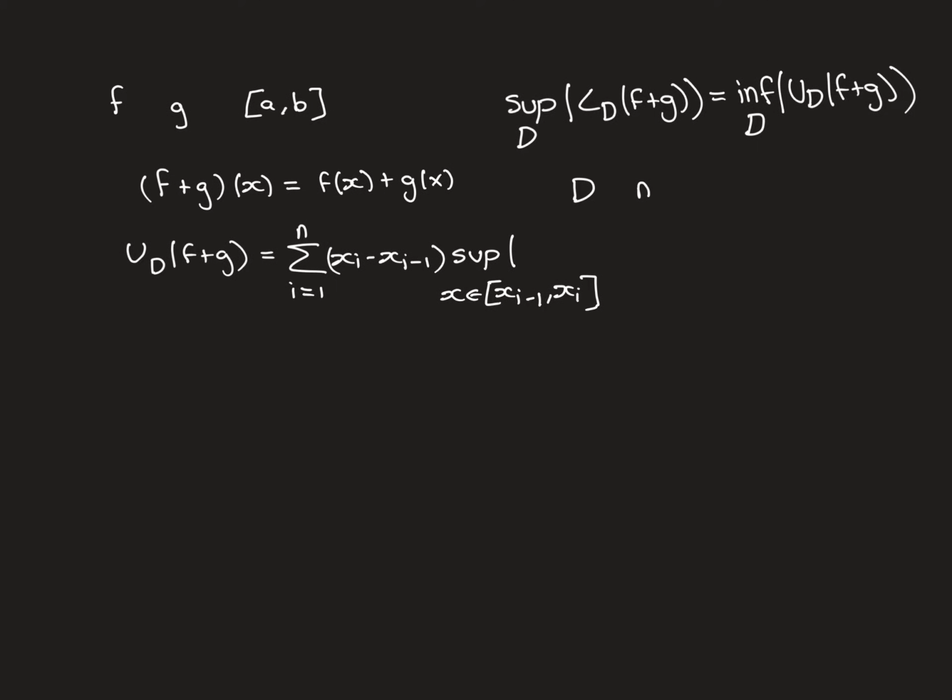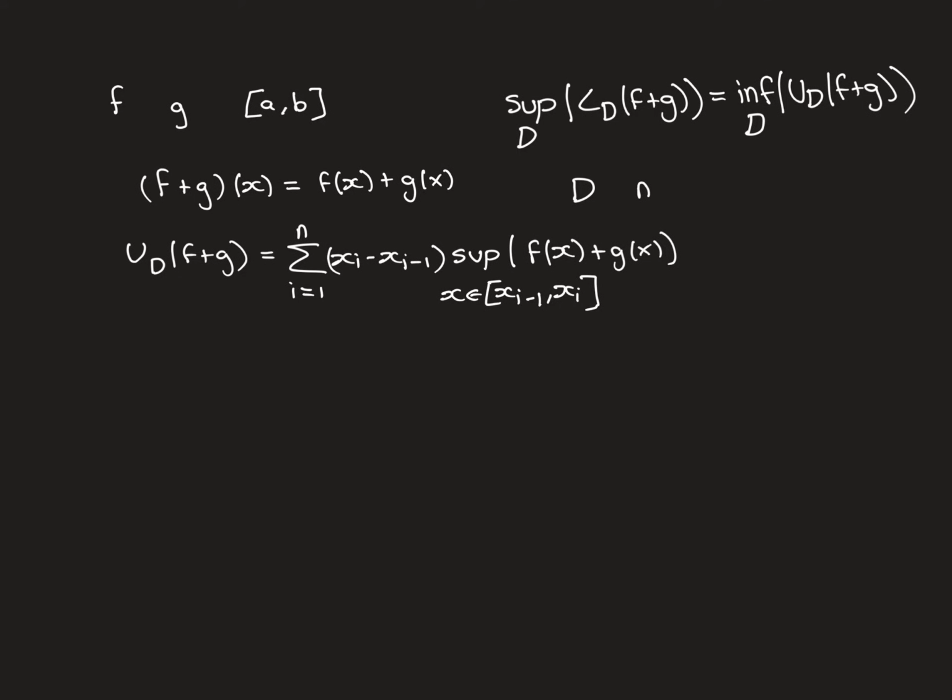Now, of course, f plus g at x is defined like so, so let's replace that with f of x plus g of x. So this is the definition for the upper Riemann sum of f plus g over our dissection D.